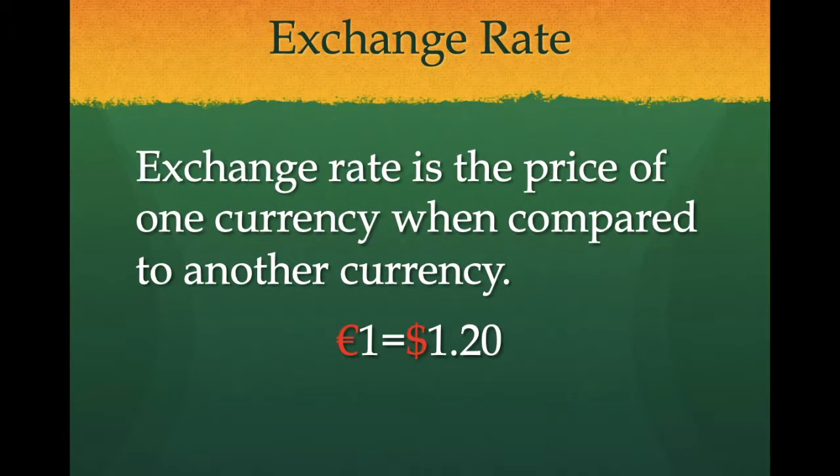Basically, the exchange rate is the price of one currency when compared to another currency. So again, we compare the euro to the US dollar, and the exchange rate is 1 euro equals $1.20. That would be the exchange rate.